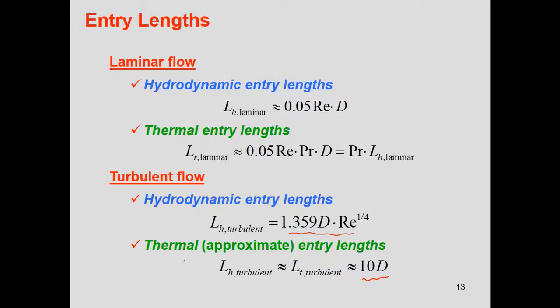These LH and LT are the characteristics I mentioned we are interested in knowing. Why is this important? Because after this length we can consider the flow as having a constant h and constant friction, a constant convection coefficient and constant friction, and our calculation will be much easier.